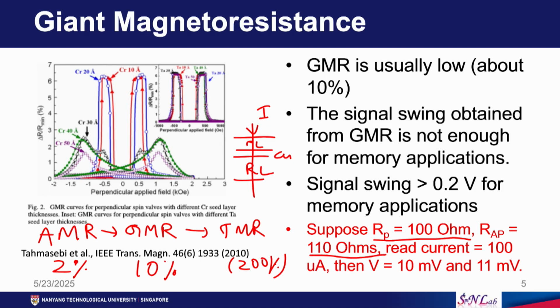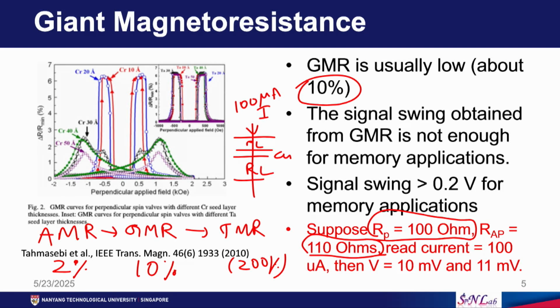So, this is the 10%. 10% GMR means the two resistances will differ by about 10%. You send a current of 100 microampere.